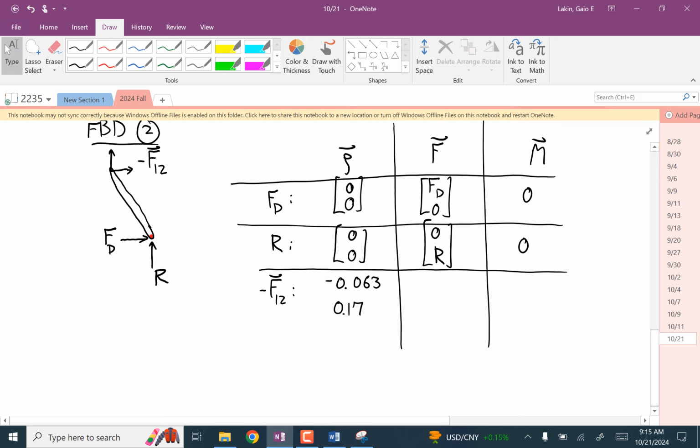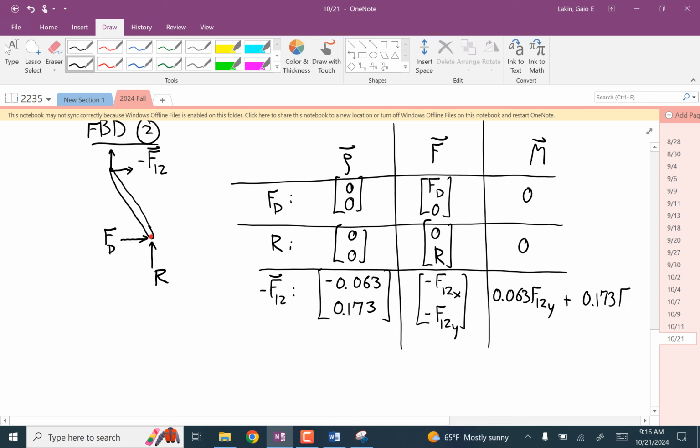Yeah, I guess that's right. And then the force is negative F12x, negative F12y. So the cross product is 0.063 F12y plus 0.173 F12x.